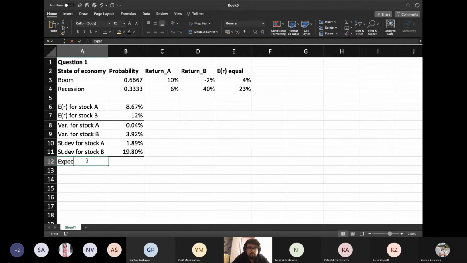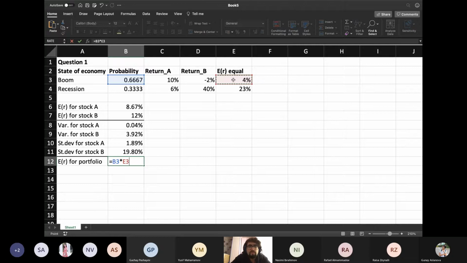So expected return, let me write ER for portfolio is equal to boom's probability multiplied by boom's expected return on portfolio plus recession's probability multiplied by recession's expected return. 10.33, 8%.